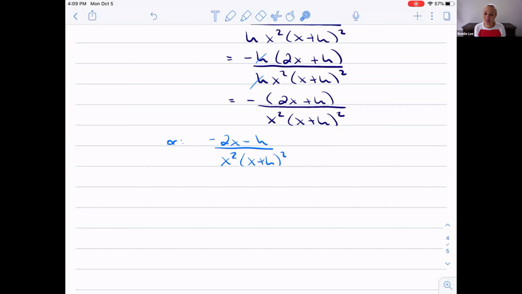Any others, or should we do another difference quotient?